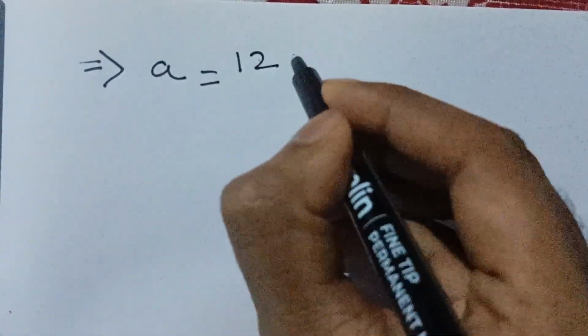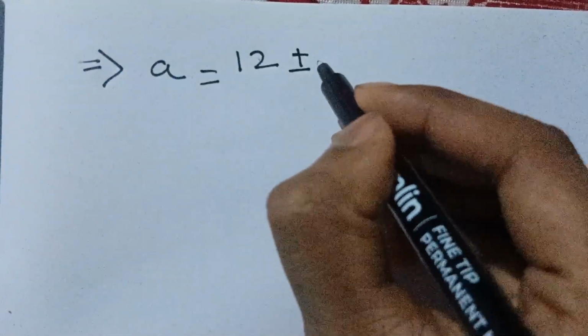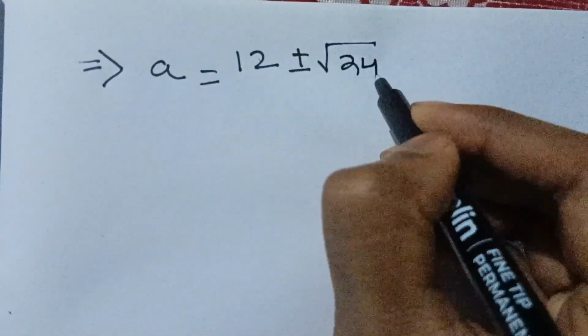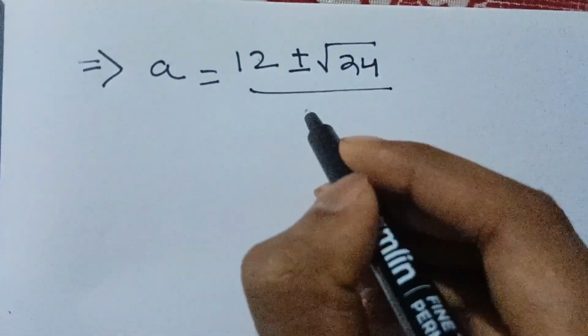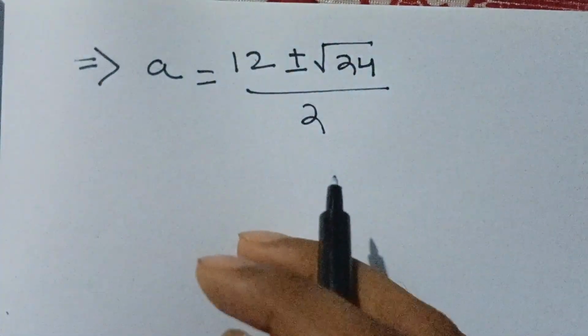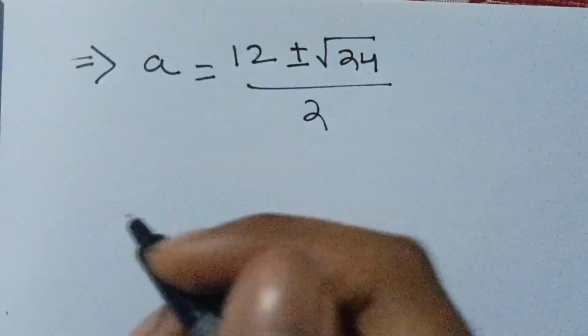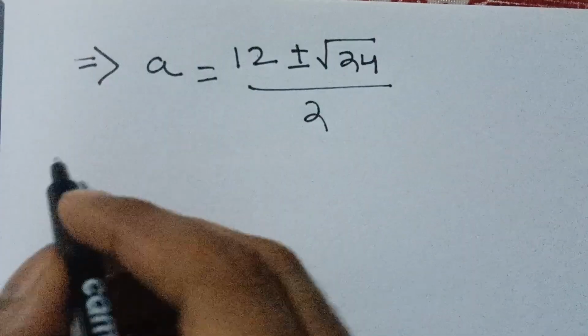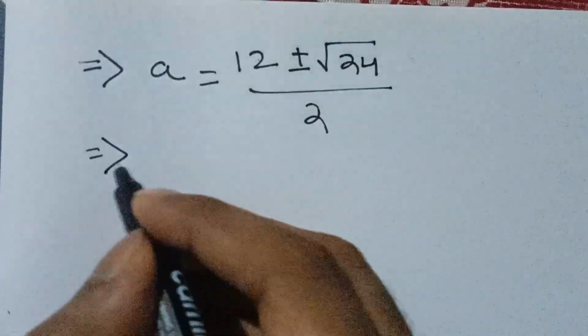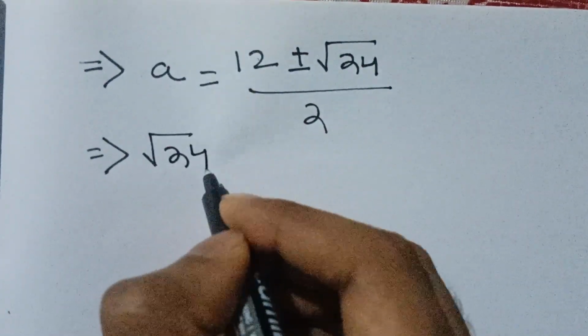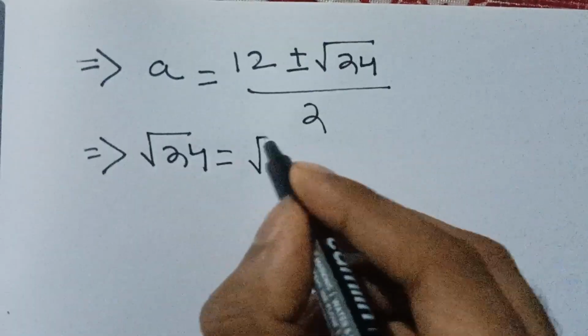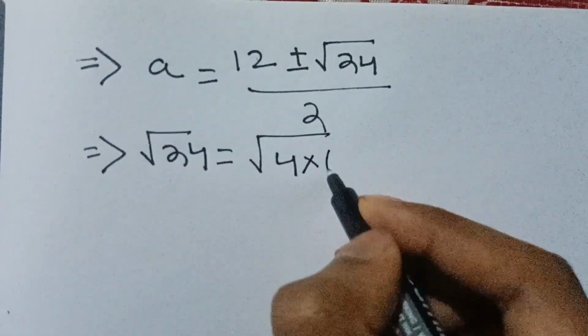In the previous step we wrote a is equal to 12 plus or minus root of 24, divided by 2. If we simplify the square root, root of 24 is root of 4 times 6.